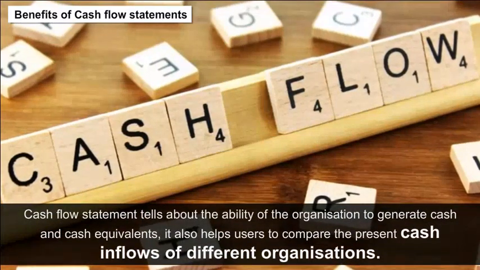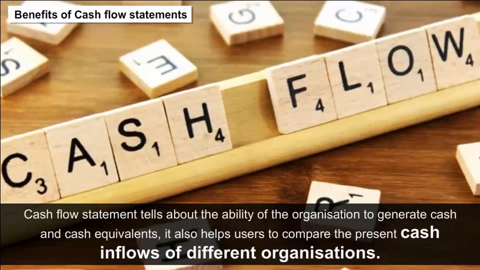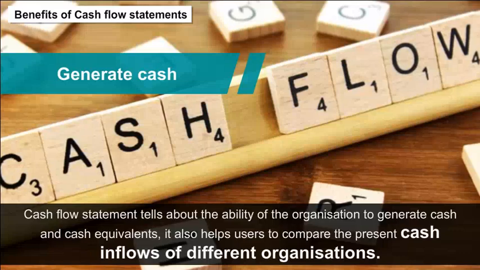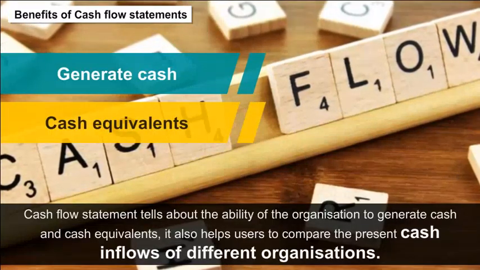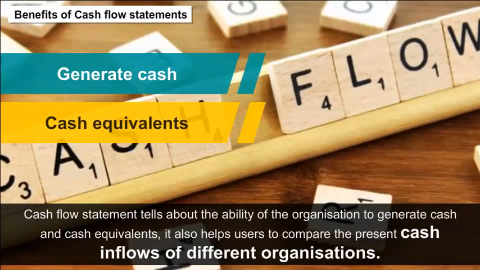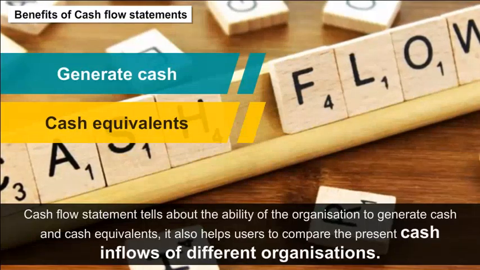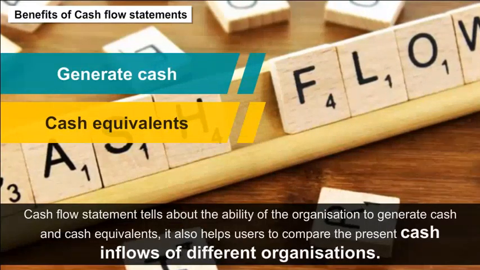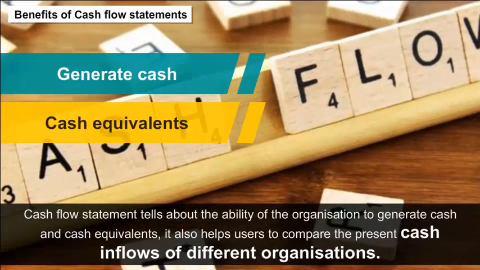The cash flow statement tells about the ability of the organization to generate cash and cash equivalents. It also helps users to compare the present cash inflows of different organizations.